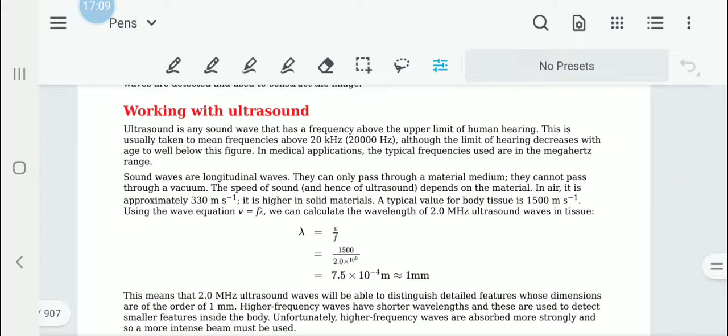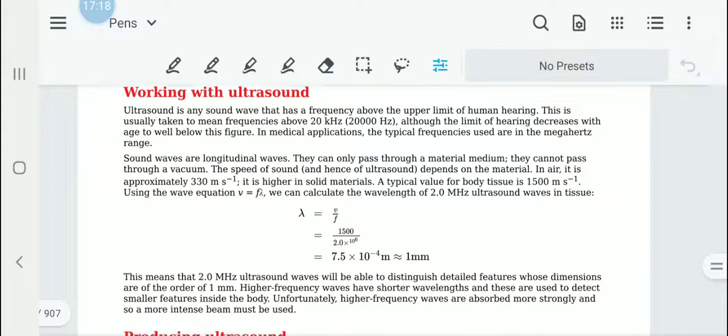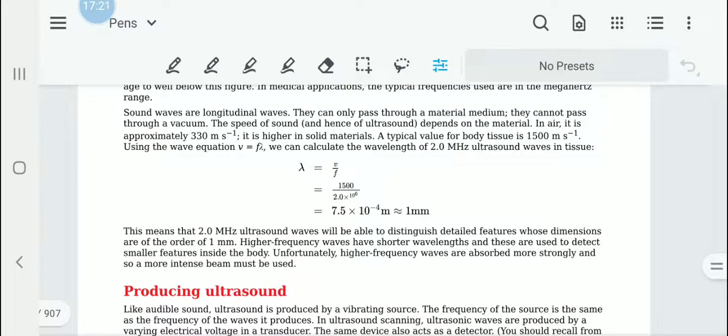In ultrasound medical applications, usually megahertz ranges are used. Because sound waves are longitudinal waves, they only pass through a medium, and in solid materials they have a higher speed. For body tissue, usually it is 1500 meters per second.